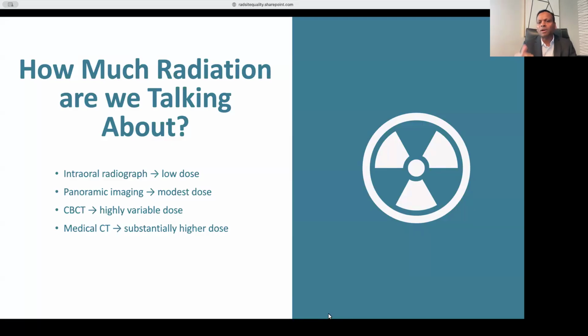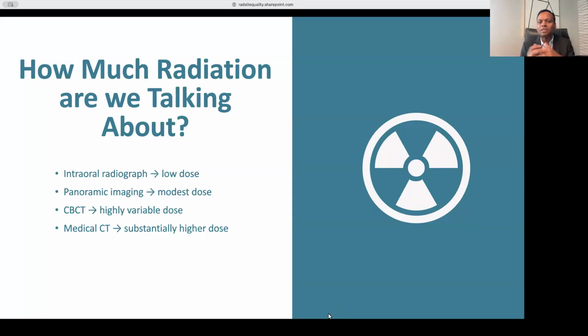And then if you move up the list from a dose standpoint, panoramic imaging would give you anything close to 20 microsieverts. We're talking about a few days of background radiation. It's such a low modality to speak about. Moving into cone beam CTs and medical CT, that is when we have to talk about a variety of factors that could impact the dose.